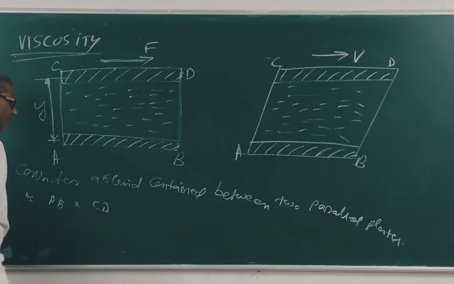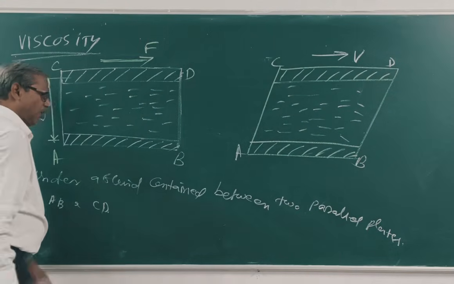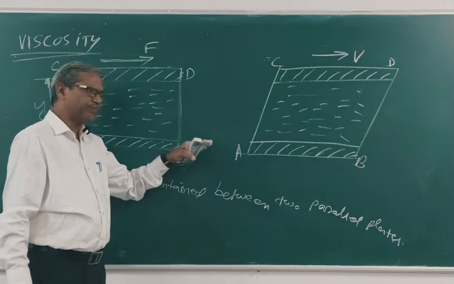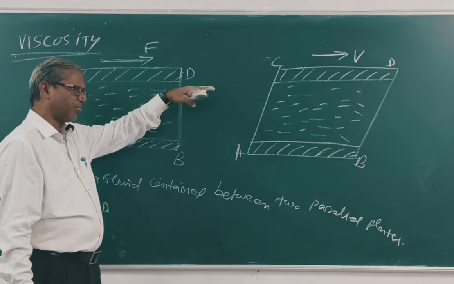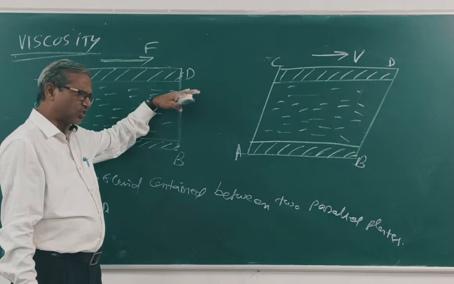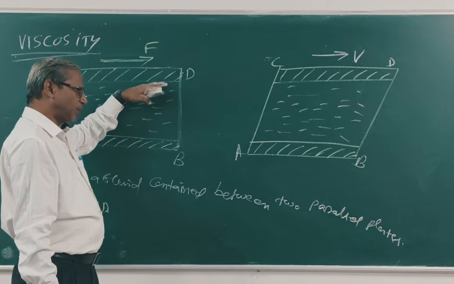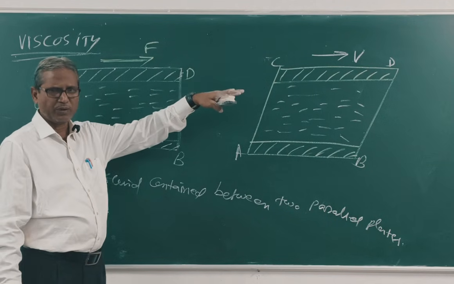Clear? AB is fixed. A force acts on the upper plate CD. As a result of this force, the upper plate moves with velocity v. Clear?